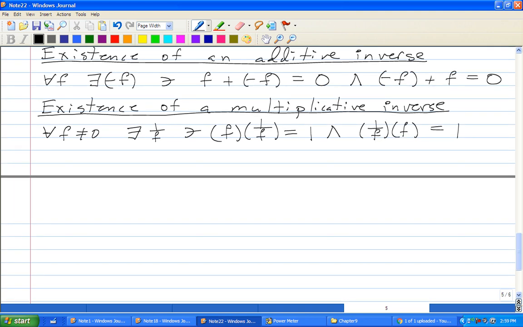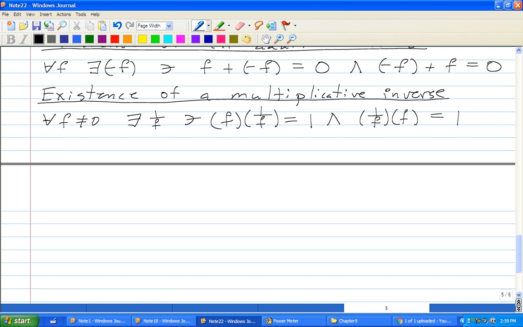And last, multiplication distributes over addition.